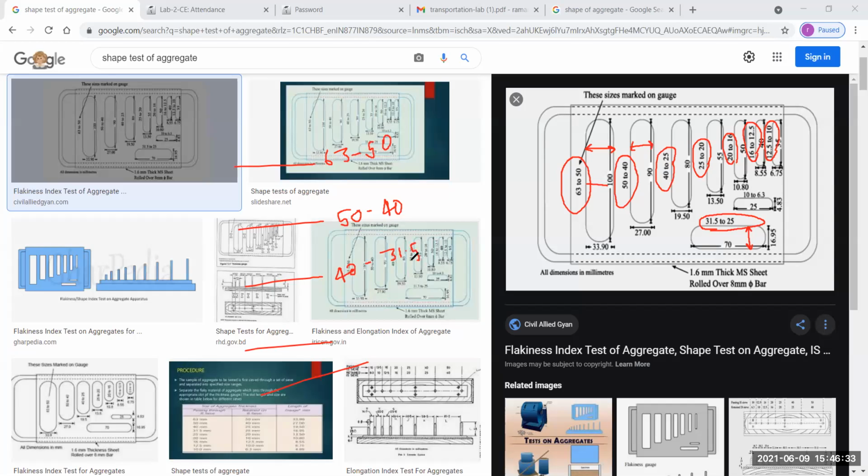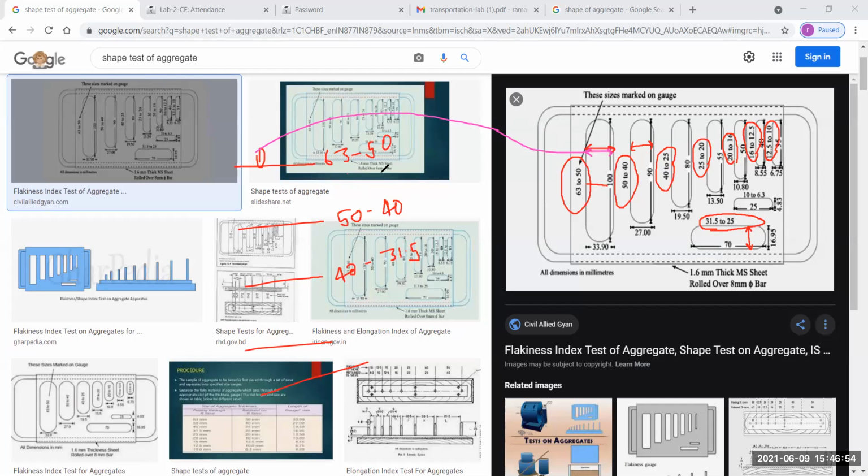You take that 200 pieces, and only pass through the slot whose size is between 63 to 50. So you take that 200 aggregate and turn by turn, one by one, you pass that aggregate through this opening.